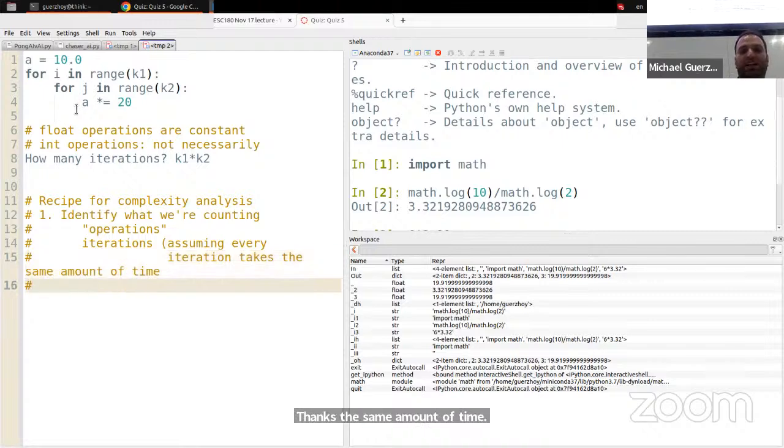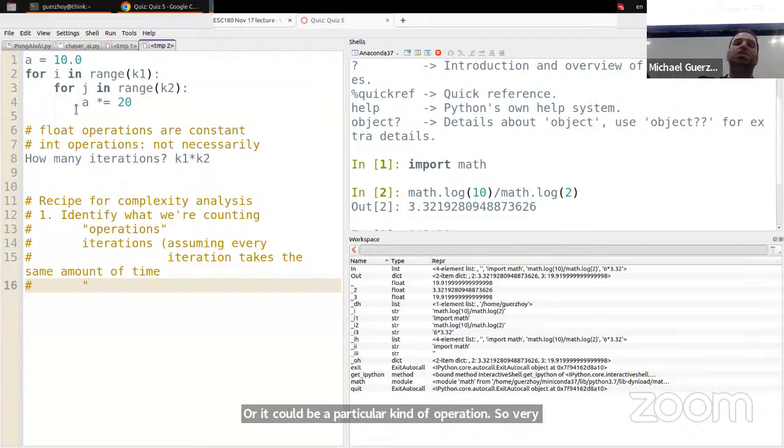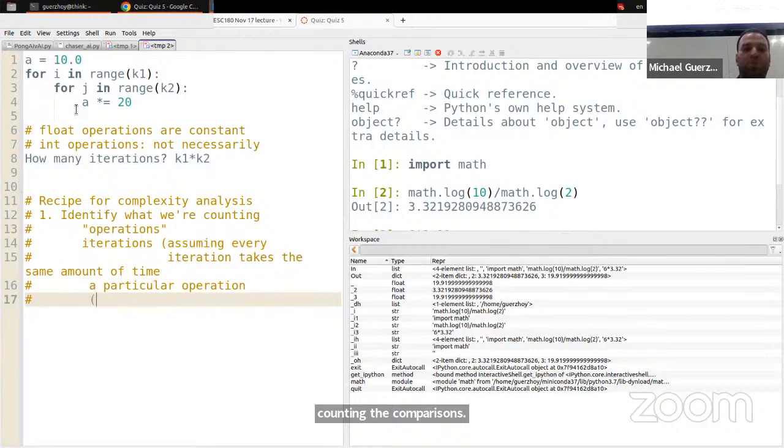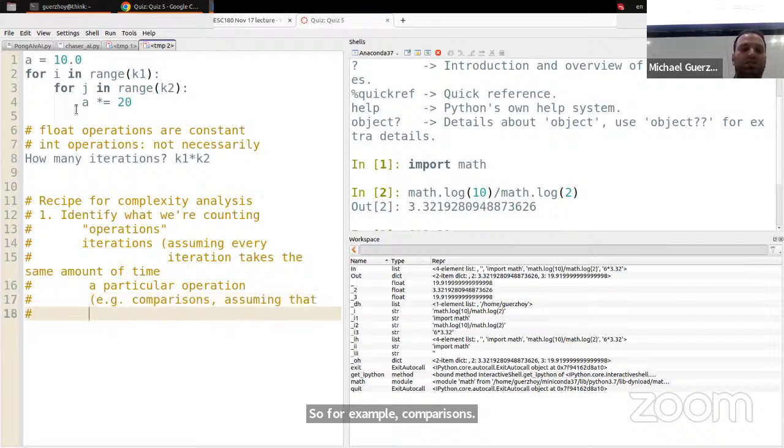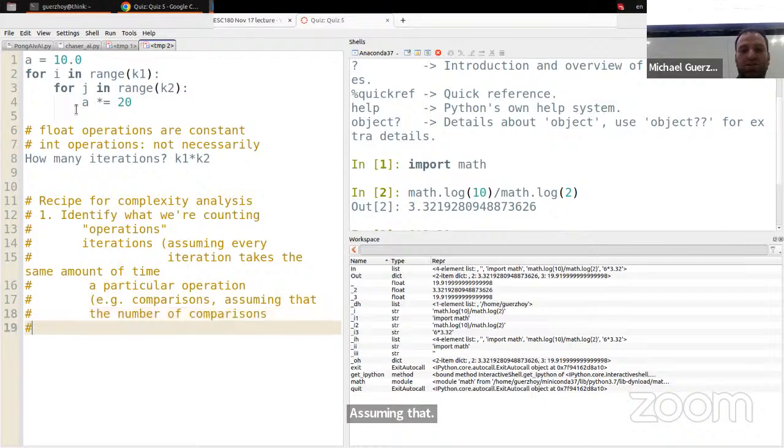Or it could be a particular kind of operation. Very frequently in textbooks, you'll see you're just counting the comparisons. So for example, comparisons, assuming that the number of comparisons is proportional to the runtime.